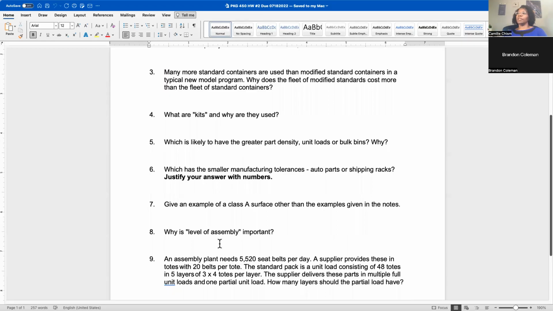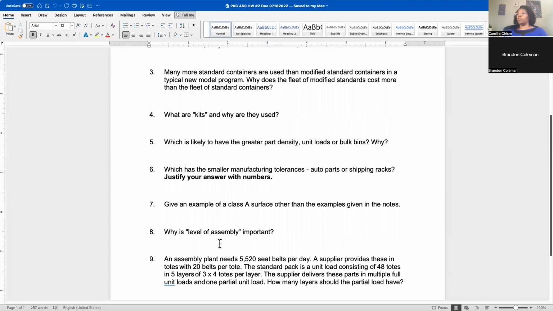Number 7, other than the examples given in the reading in chapter 2, like automotive glass and I think the doors, give an example of what would be a Class A surface that was not given in the notes.